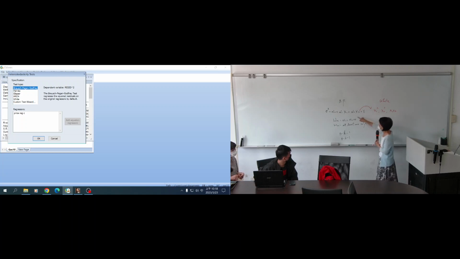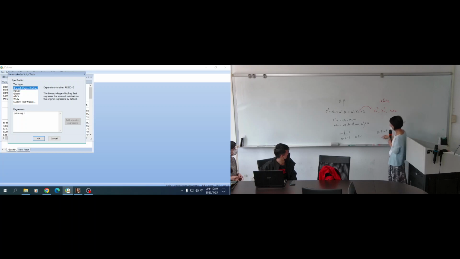So this is just 2 variables. If I have 5 variables, x1 to x5, then here I have n minus 5 minus 1. With White, I have the 5 original terms, another 5 square terms, and also the cross products of x1 to x5, which is 5 choose 2 times, so 10.